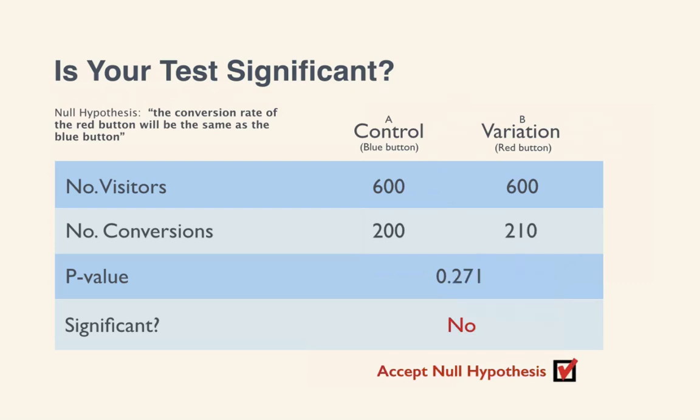And in this example, we're down to 210 clicks of the red button, and the p-value has gone up considerably. It's now 0.271. And on that basis, with that sample size, we actually have to accept the null hypothesis that this isn't a significant difference, and so red buttons are the same as blue buttons.